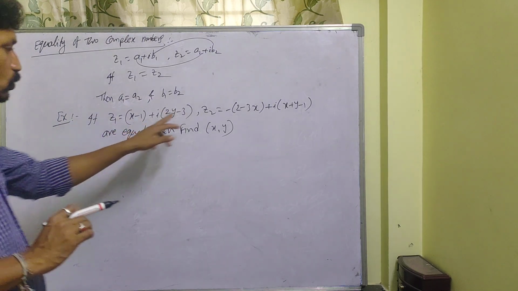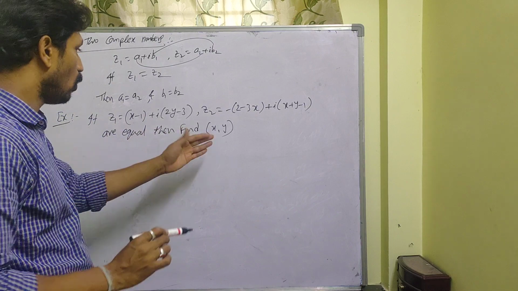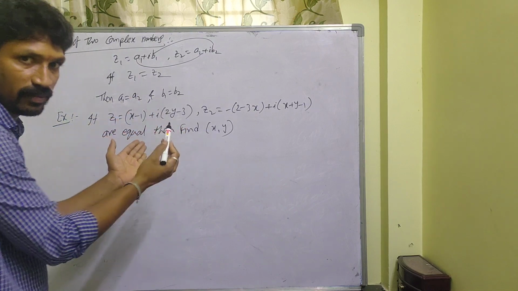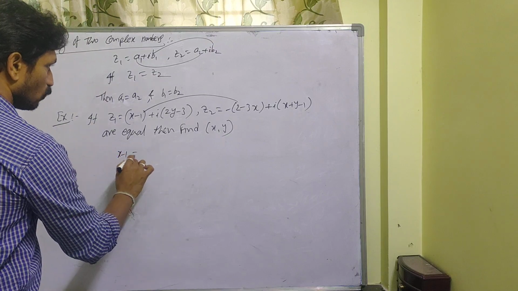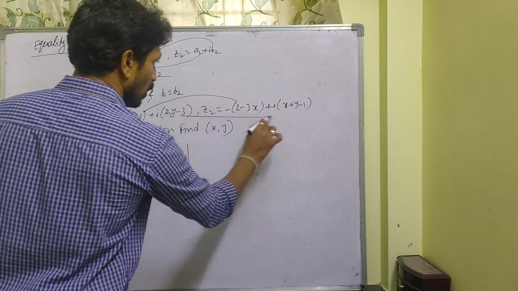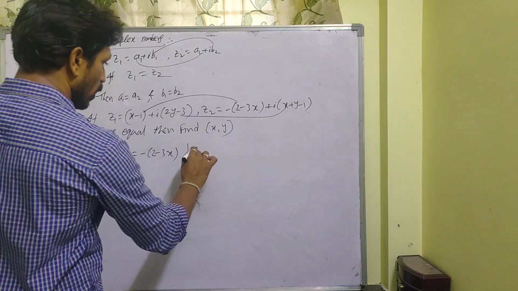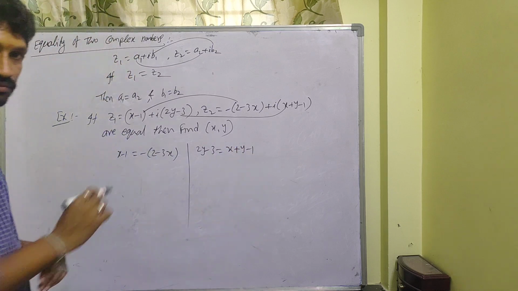See here, these two complex numbers are equal means the corresponding real parts, without i, the remaining terms, those two will be equal. That is, x minus 1 is equal to minus of (2 minus 3x). Next one, imaginary parts. So 2y minus 3 is equal to x plus y minus 1.